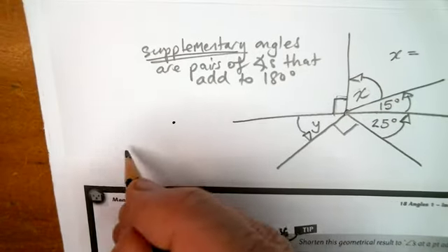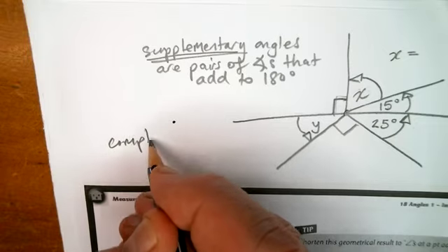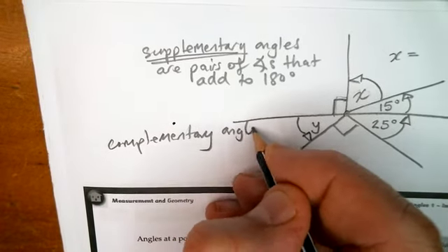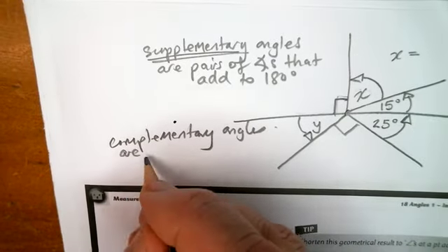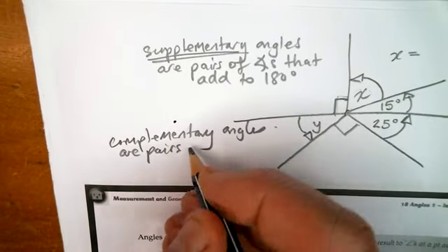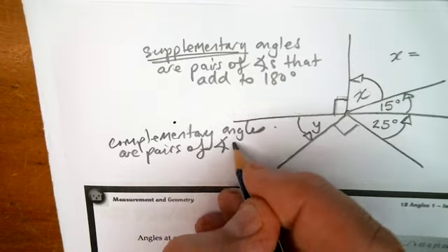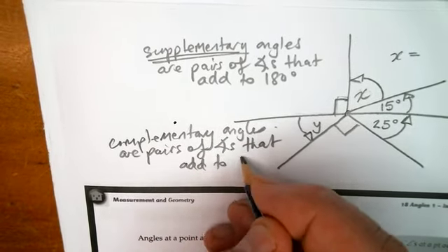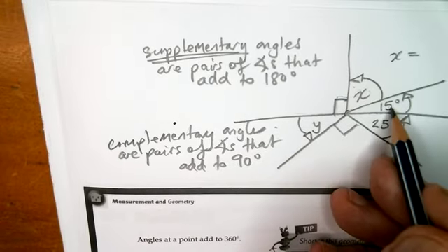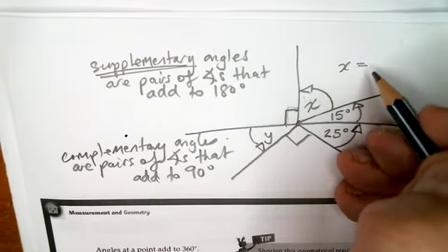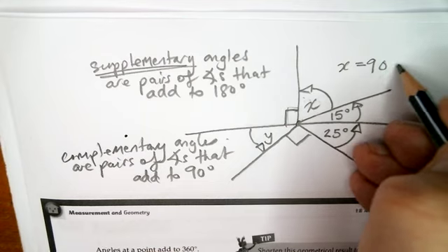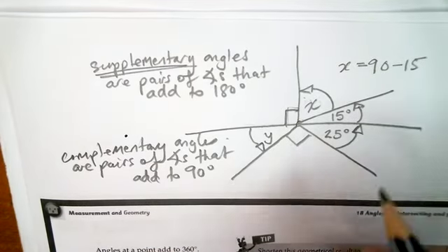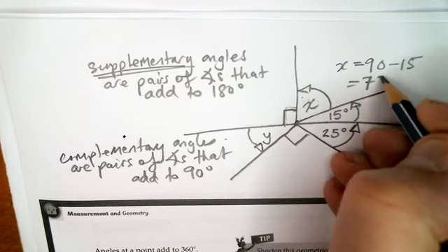But complementary angles are pairs of angles that add to 90 degrees. So here we've got a complementary pair. So we could say that X is equal to 90 minus 15. Of course, 90 minus 15 is going to be 75.